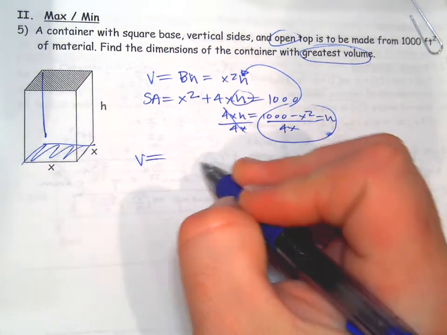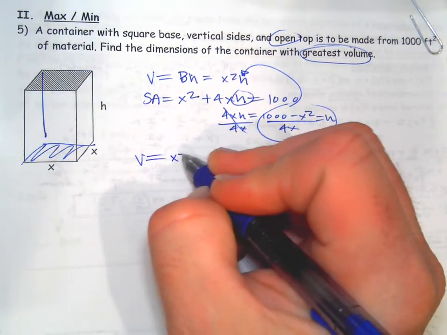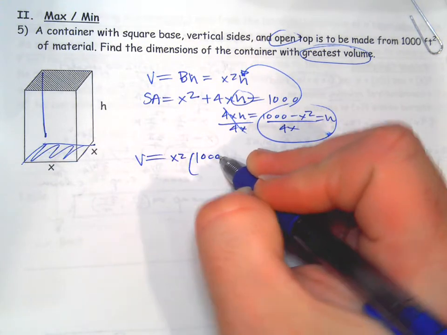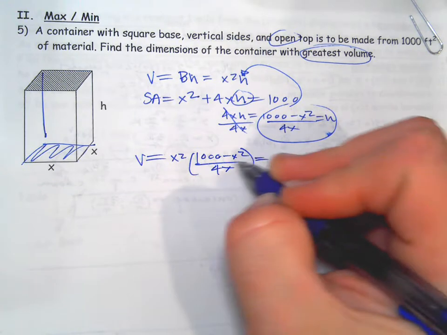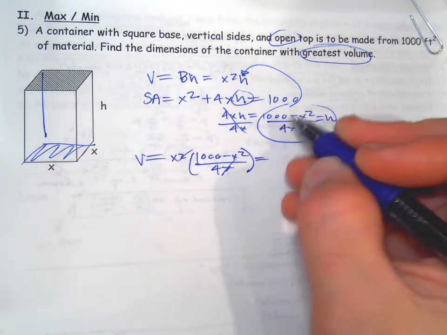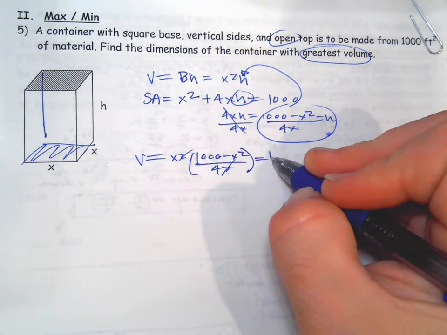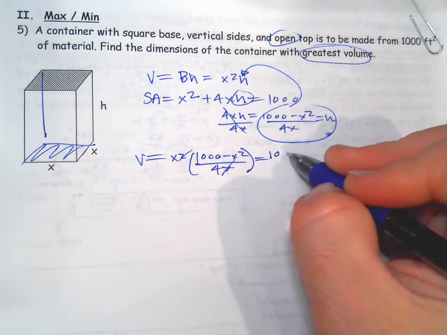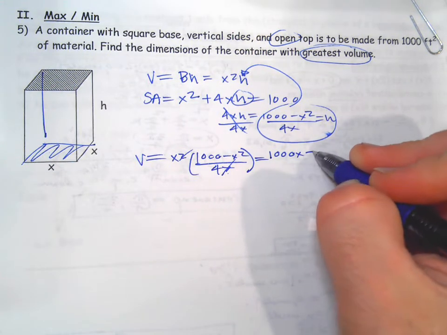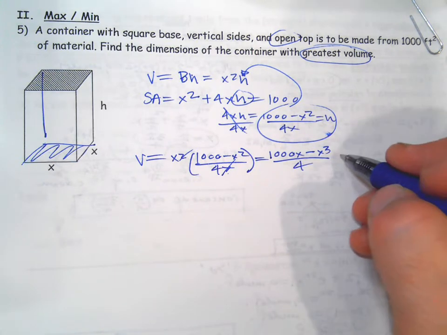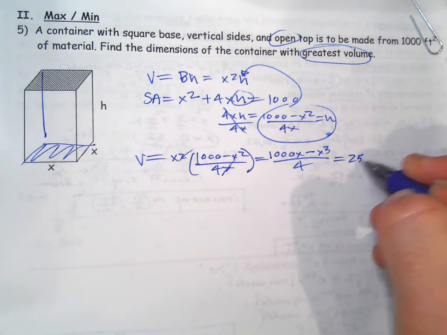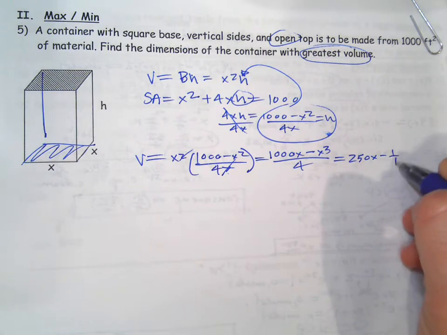So the volume equals x squared times (1,000 minus x squared) over 4x. That gives you (1,000x minus x cubed) over 4. We could keep going. This is 250x minus 1/4 x cubed.